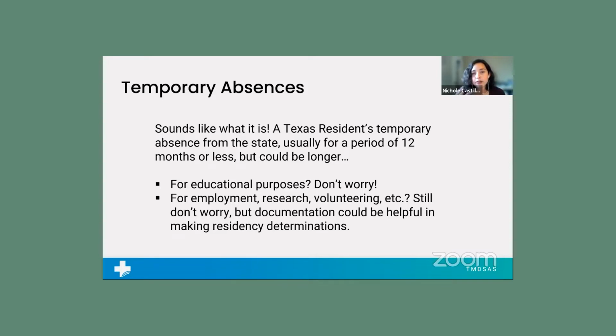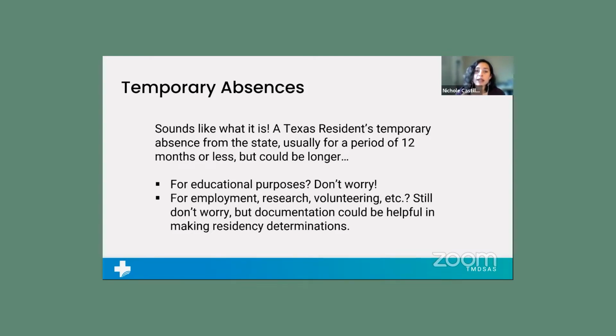You're away for educational purposes, and so you are still maintaining your Texas residency. Now, if a person leaves the state for a period of 12 months or longer, and this is for employment, research opportunities, volunteering, etc., this is not necessarily anything to worry about yet. However, this is a time where documentation could be really helpful in helping TMDSAS make residency determinations, because that documentation can support that this is a temporary absence.